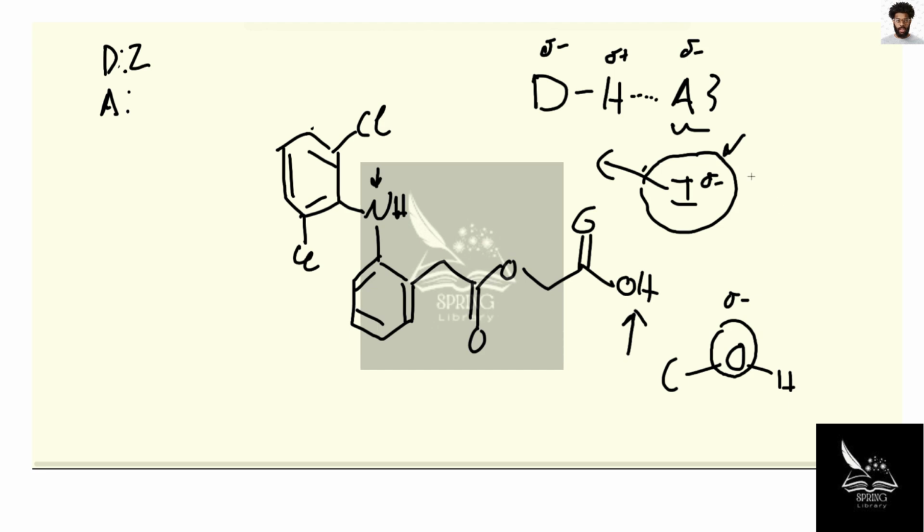The negative charge is all spread out, and for that reason, it's not as attractive to protons, which are also small charged species. So small charged things attract other small charged things, and big charged things attract other big charged things.